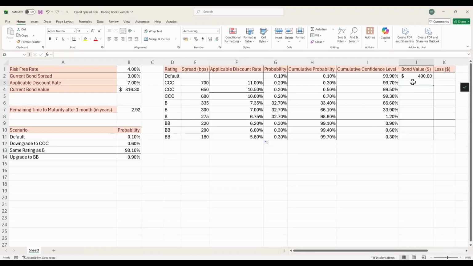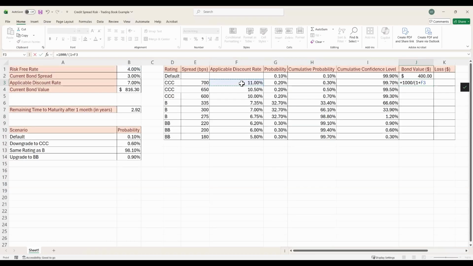So bond value will be simply equal to the face value, which is 1000, divided by 1 plus the applicable discount rate raised to the power of the time to maturity. After 1 month, we know that the time to maturity is 2.92 years. So this will be the time used over here.